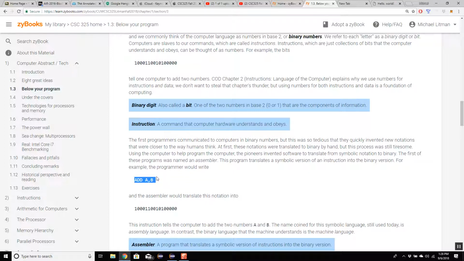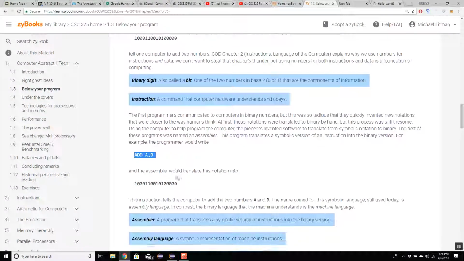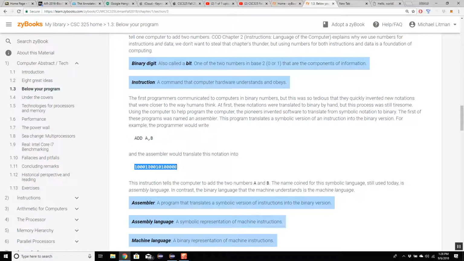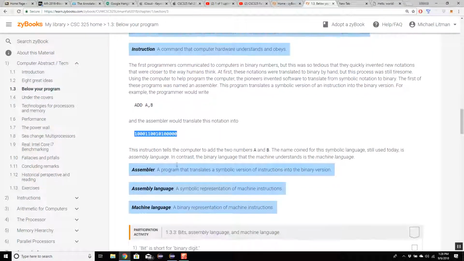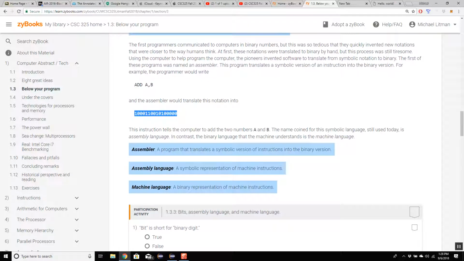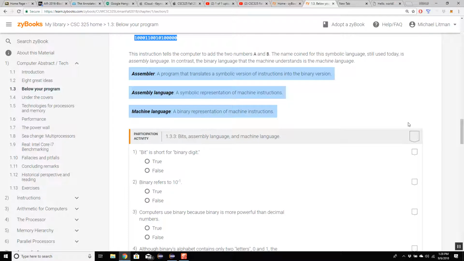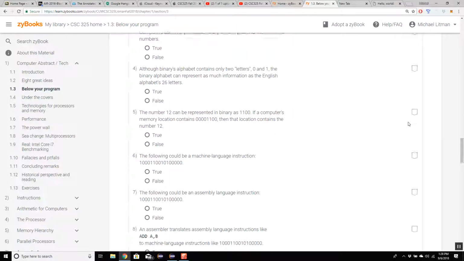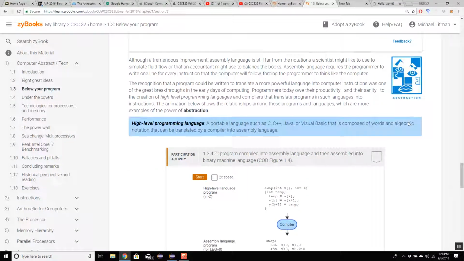That's what the compiler does. And then the assembler turns it into the zeros and ones that your machine actually understands. So machine language is a binary representation of those machine instructions. Make sense? All right, so this is how we ultimately go from writing something in Java or C# or C++ down to those zeros and ones, using these power tools in between.